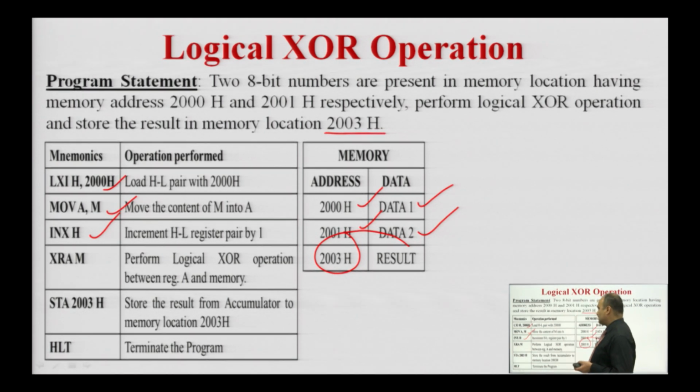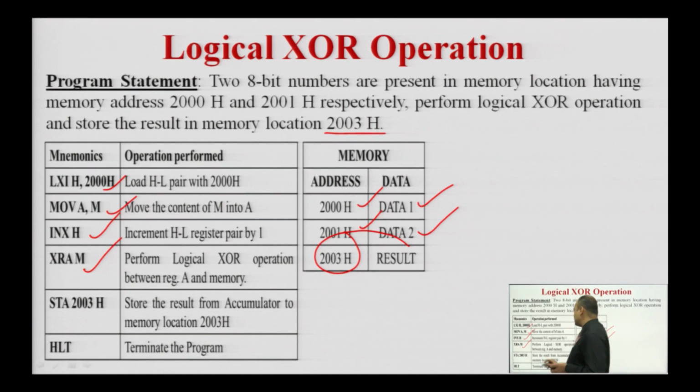Then use the instruction XRA M. This instruction will perform the logical XOR operation between the content of the memory location, which is data 2, and the content of the accumulator, which is data 1, and after the execution the result is stored into the accumulator. Then it is required in the program to store the result into the memory location having address 2003H.